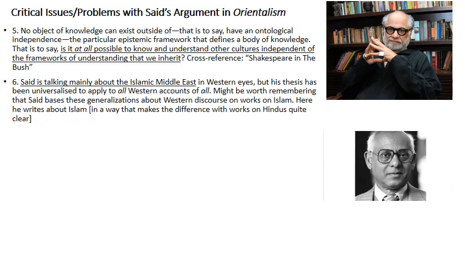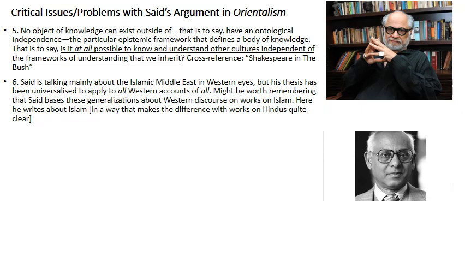Moving on. Said is talking mainly about the Islamic Middle East in Western eyes, but his thesis has been universalized to apply to all Western accounts of all Asia. It might be worth remembering that Said bases these generalizations about Western discourse mainly on works on Islam.